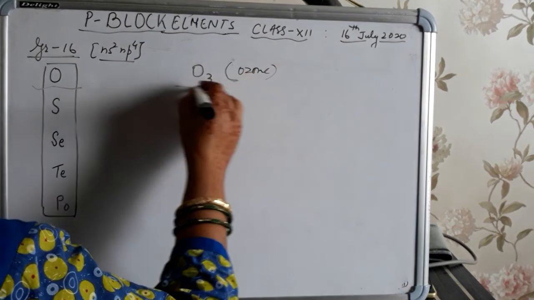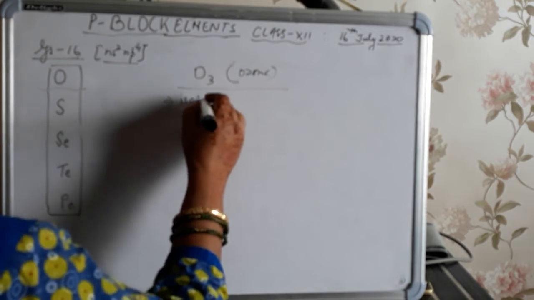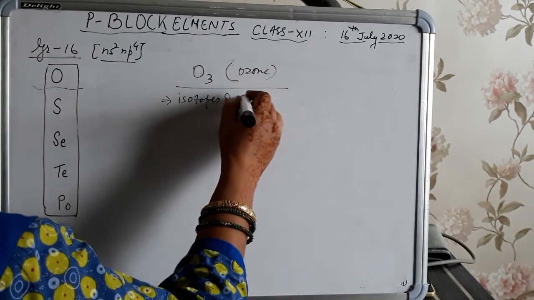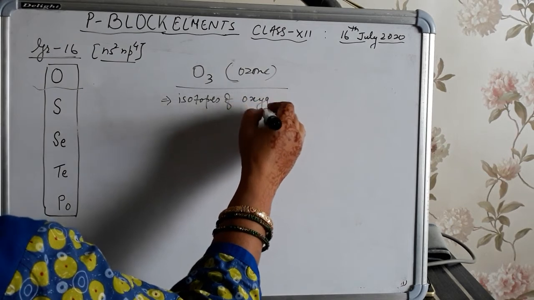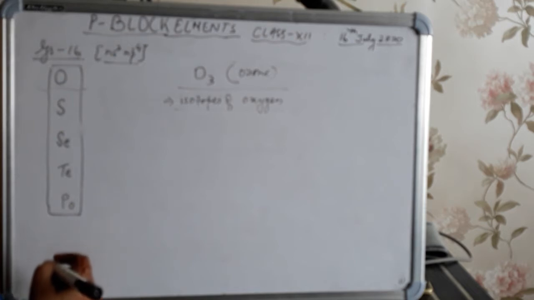Ozone. It is an isotope of oxygen. And students, we all know about the existence of ozone at the Earth surface.